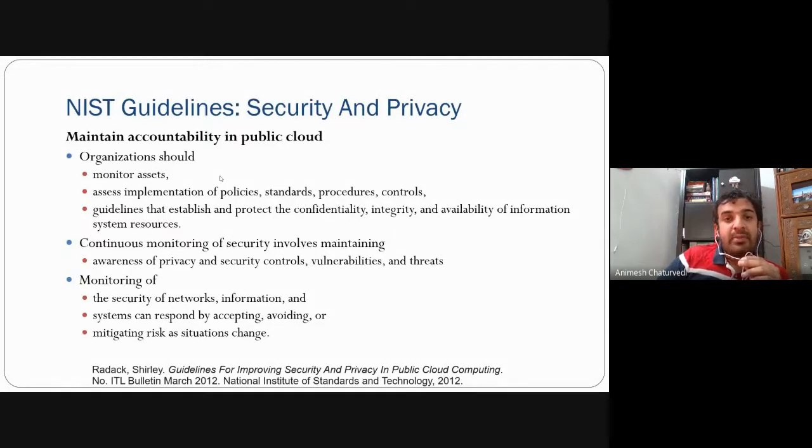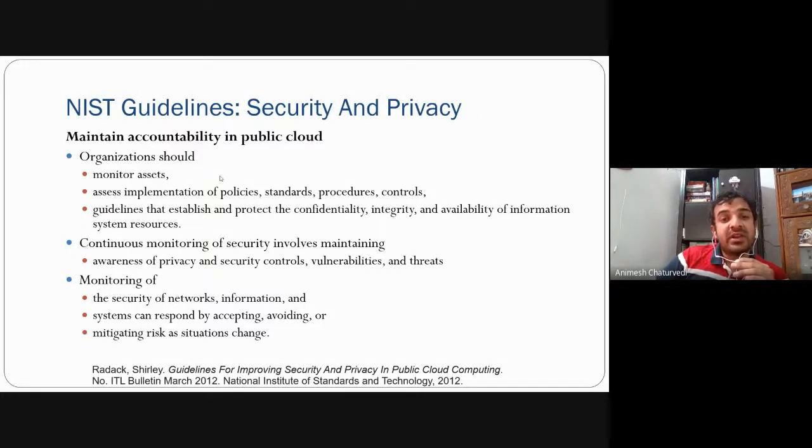There has to be proper policies, standards, procedures and controls so that for that particular data, who will access it, what are the ways to access it, what are the procedures, and how the control should be there. Then guidelines should be established and protection should be done so that confidentiality, integrity, and availability of information can be maintained in the system.